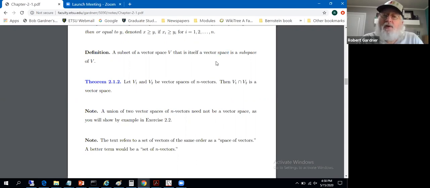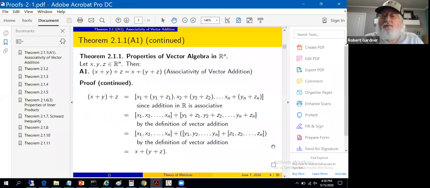Saying V1 and V2 are vector spaces of n vectors is saying both are closed under linear combinations. We want to show the intersection is closed under linear combinations, and that should be a total piece of cake. So let's go through the proof.